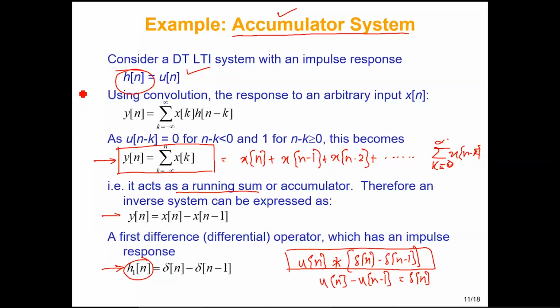So convolution of this one with this one will do, and if the result of the convolution is delta n, then we will say that we have an inverse system.